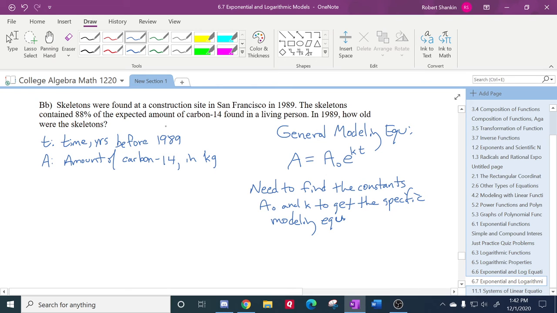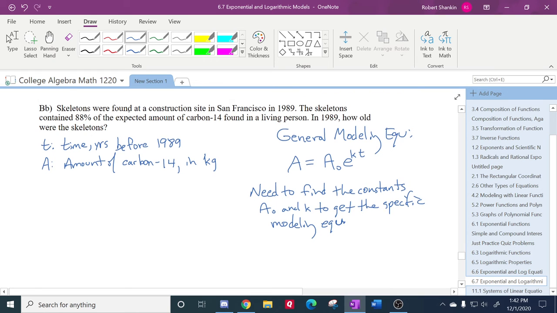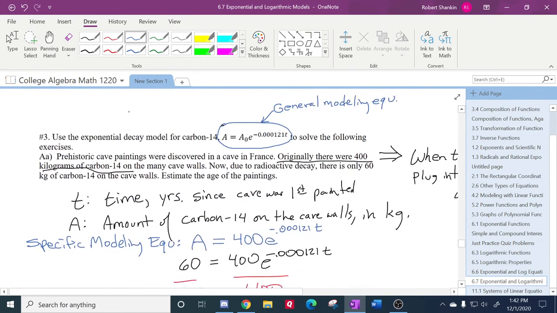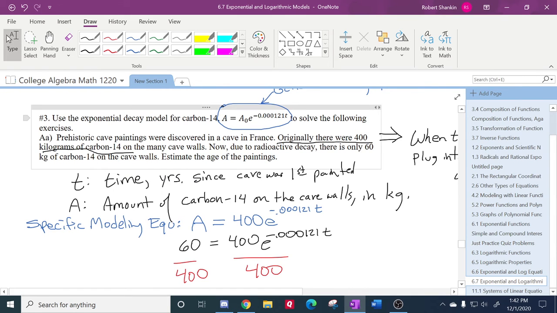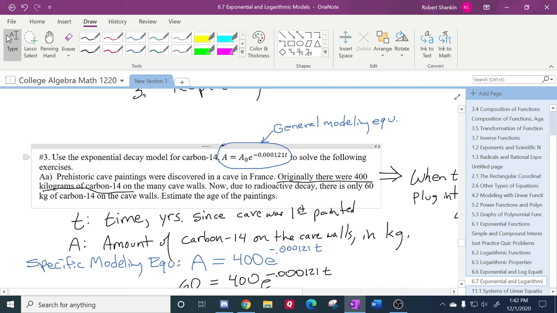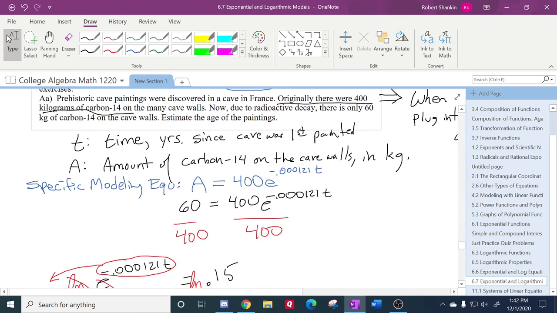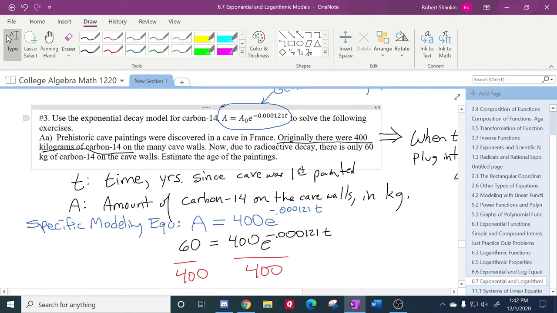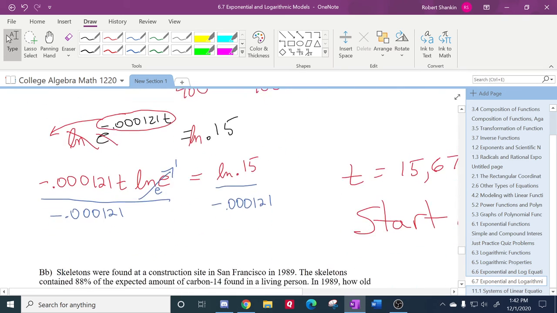All right. The skeletons contained 88% of the expected amount of carbon-14. It says to continue to use this modeling equation, the exponential decay model for carbon-14 was this one. So we should replace the k with this number.